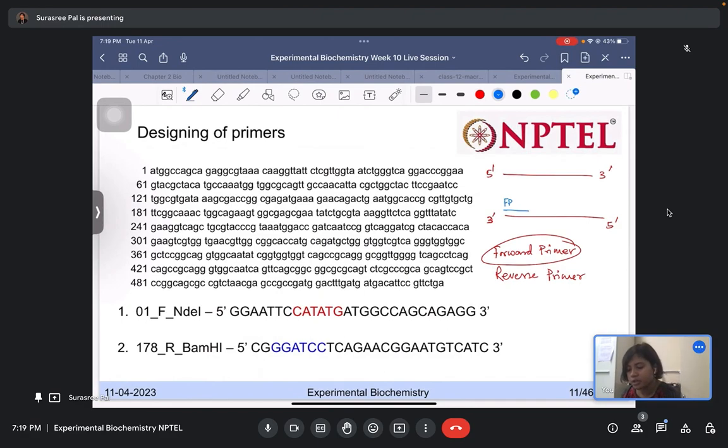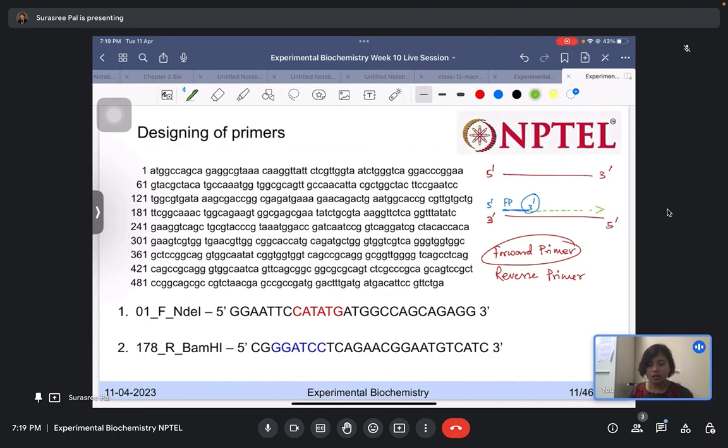So this forward primer, which has these ends, 5' and 3', right? So this forward primer will sit on this particular strand, and from this 3' hydroxyl end, the elongation will begin in this direction. Okay, so this is the function of the forward primer.